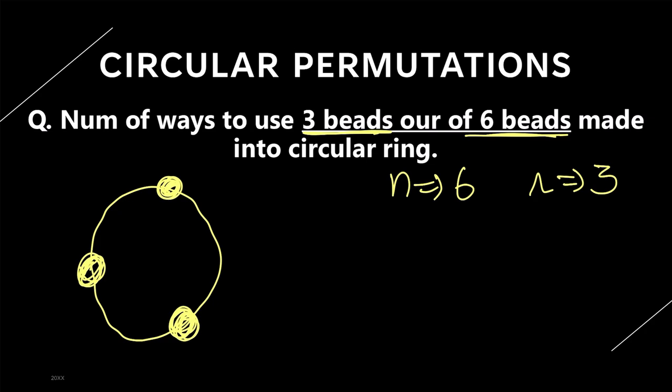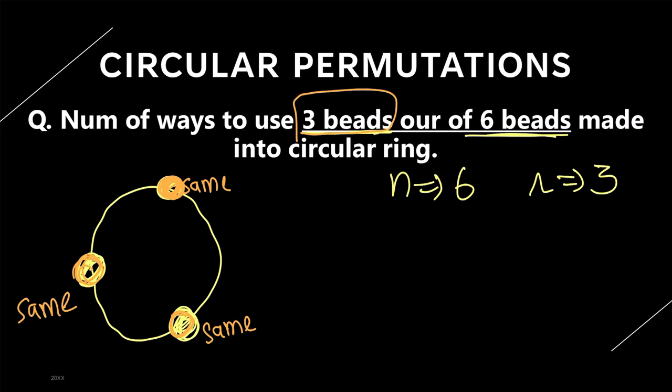Now, are the beads identical? Yes. The 3 beads which you are choosing are the same. Same means it does not matter, since this is a ring. This bead or this bead or this bead, the position does not matter.